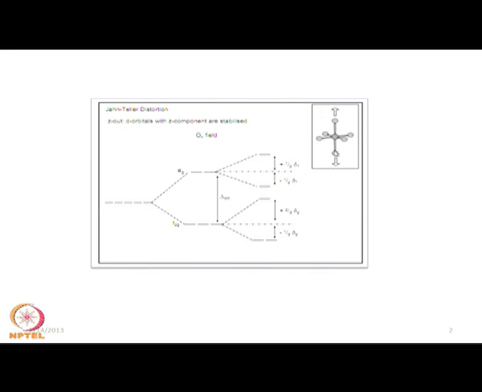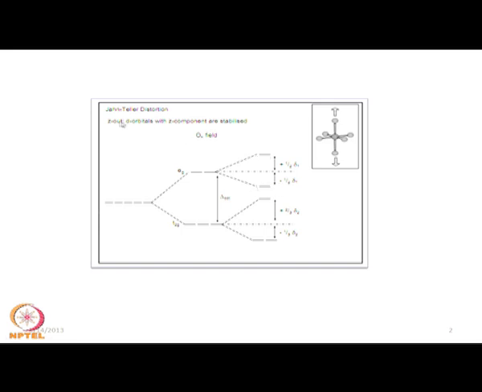This is the elongation axis along the z axis. Compared to the octahedral situation, it is a z-out situation. So, d orbitals with a z component are stabilized. Since we have the longer copper-oxygen distance, we get the corresponding splitting, that means these two levels, one orbital and the other orbital.